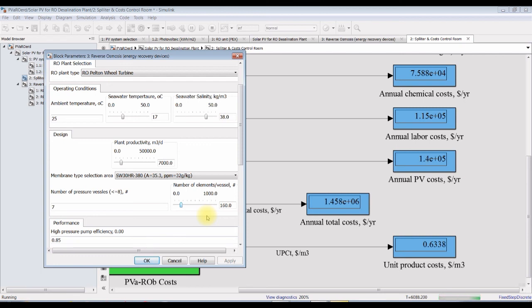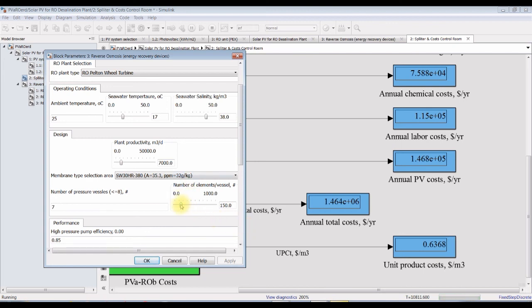I'm going to decrease more and more. Yes, decreasing pressure vessels means increasing the total pressure on the high pressure pump. Therefore, the specific pump consumption is trying to increase or rise up. Therefore, this number will increase.